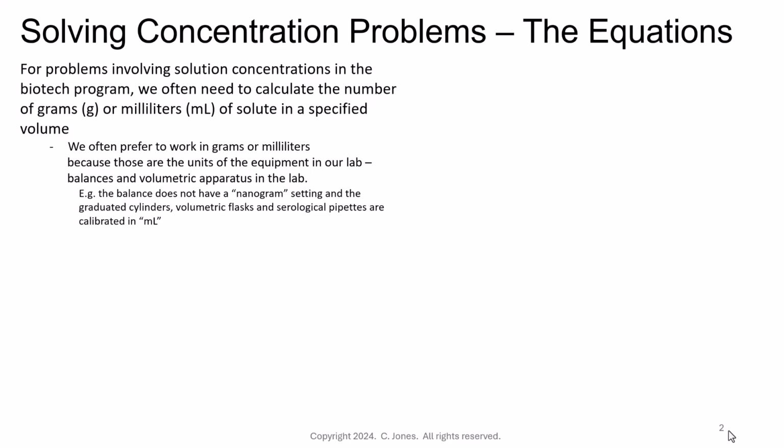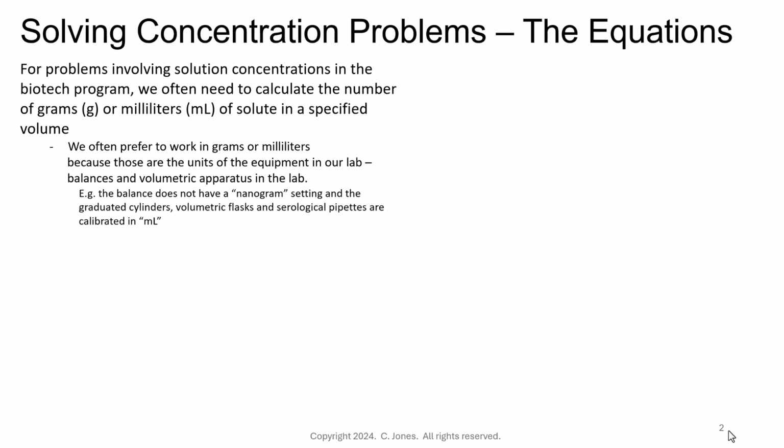For problems involving solution concentrations in our biotech program, we often need to calculate the number of grams or the number of milliliters of solute in a specified volume in order to prepare a specific solution. We prefer to work in the units of grams or milliliters because those are the units of the equipment in our lab. Our balances are calibrated in grams.